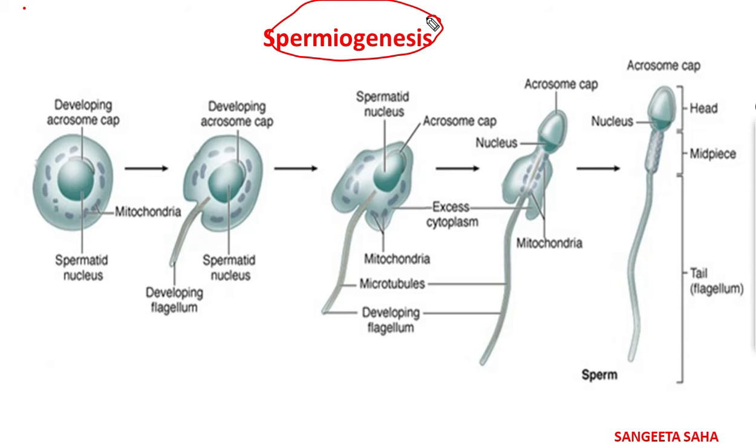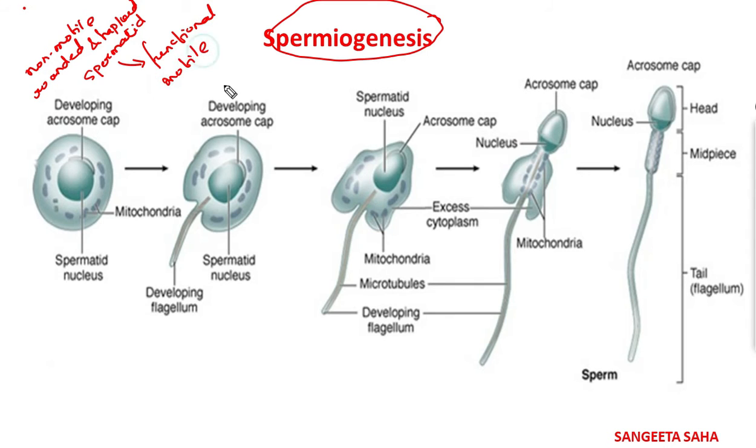Now, this is basically the transformation of a non-motile, rounded and haploid spermatid into a functional, motile spermatozoon.